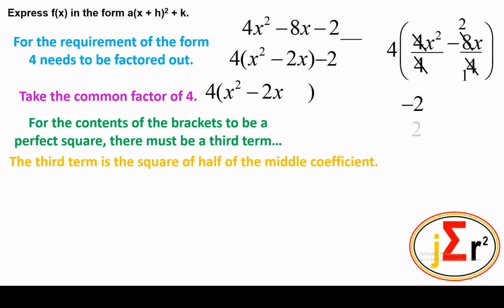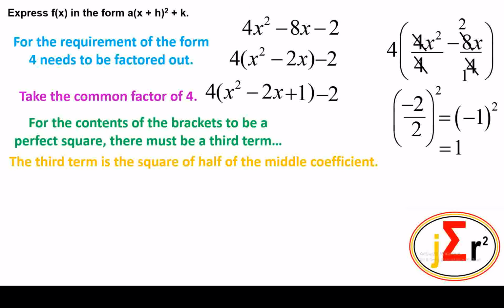Take the middle coefficient, take half of it, and square the result. The middle coefficient is negative 2, a half of that is negative 1. We square negative 1, we get a positive 1, and that will be the term that completes the square, which makes all of those together inside of the brackets constitute a perfect square.